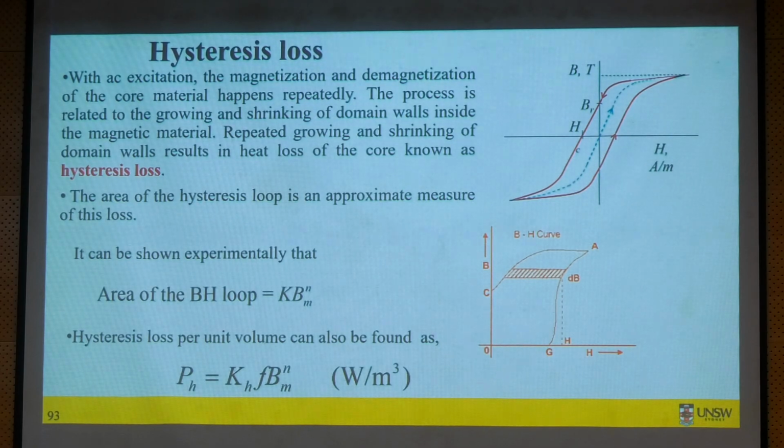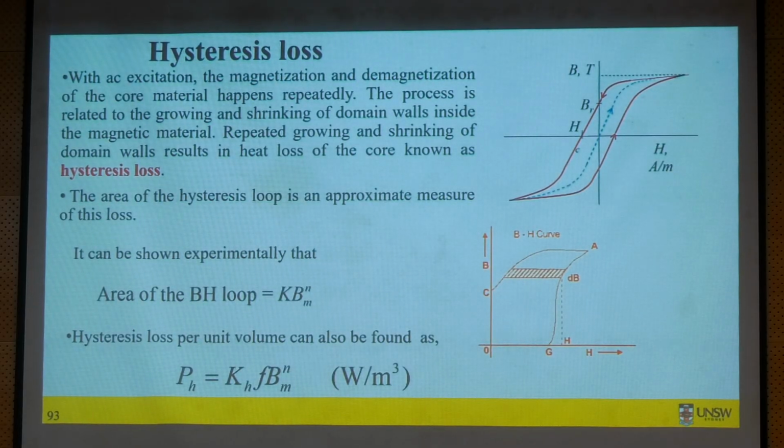Okay? In your steel material, when it is AC current, you have positive cycle and negative cycle. So it's always magnetized and demagnetized, the steel material. Okay? And what that means is that this hysteresis loop is forming all the time in a motor. Okay?